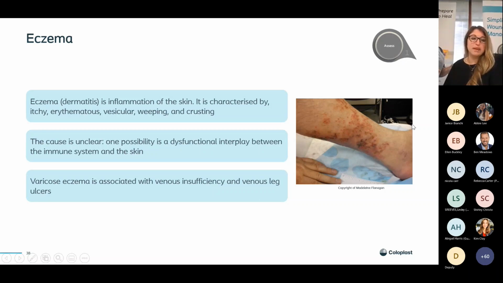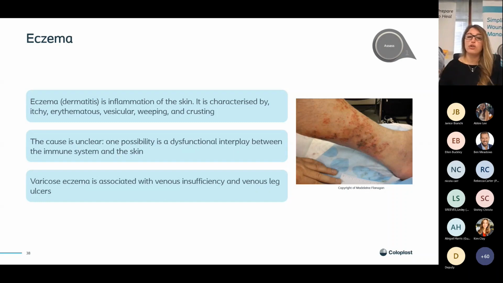And then we have eczema, or dermatitis, which is an inflammation of the skin. Again, it can be very itchy, can be very, very red. If the patient is in that itch scratch cycle, the eczema can weep and can cause a crusting.